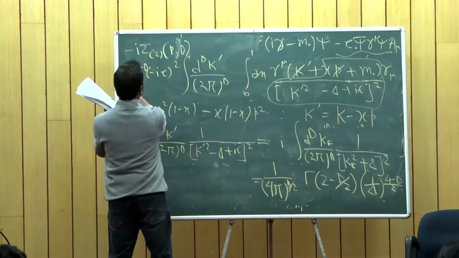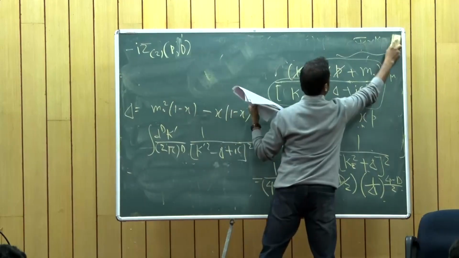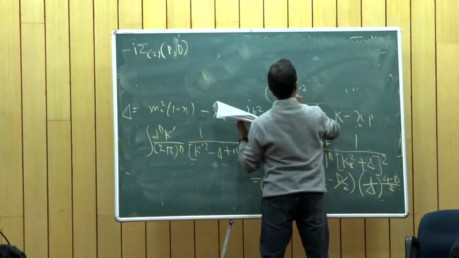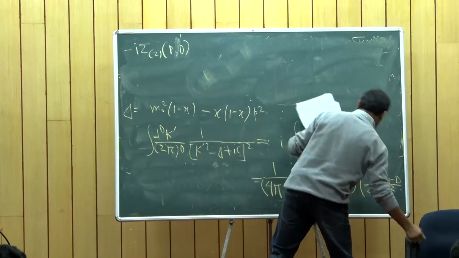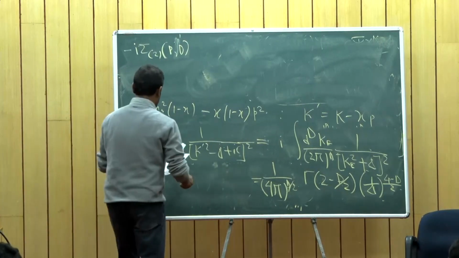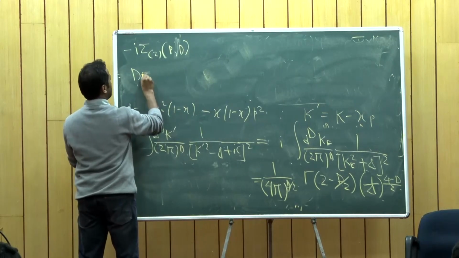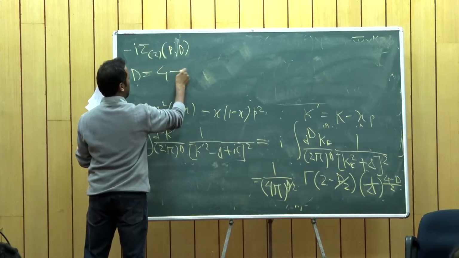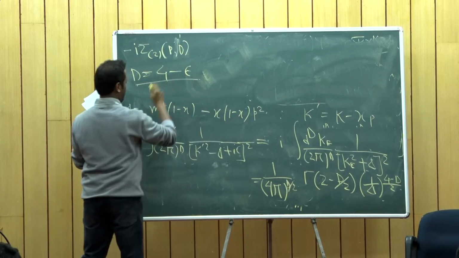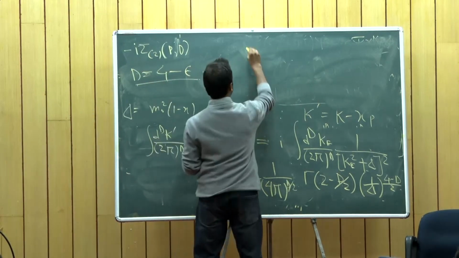So use all this to expand around d equal to 4. You can just use this substitution where epsilon is a small quantity, and you write down all this.